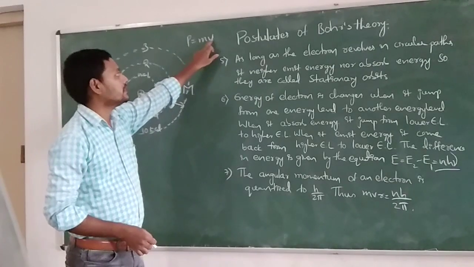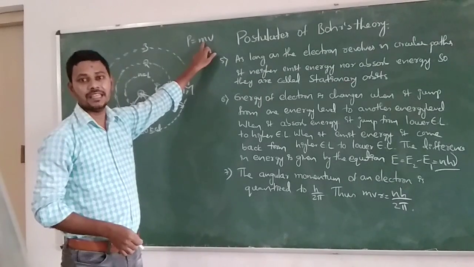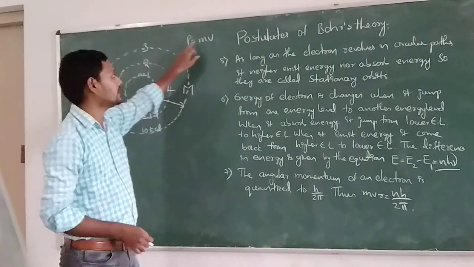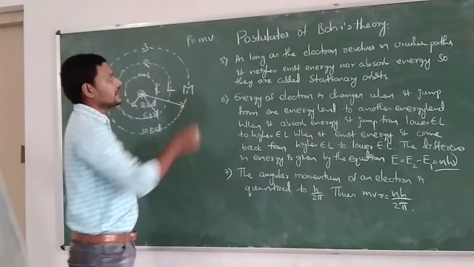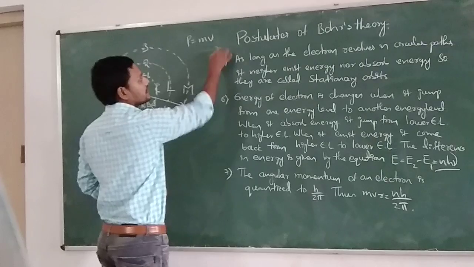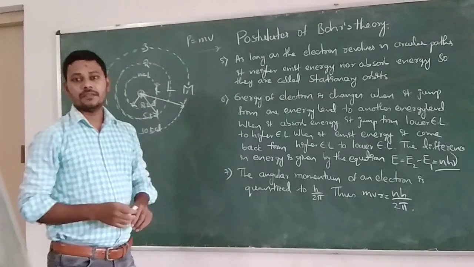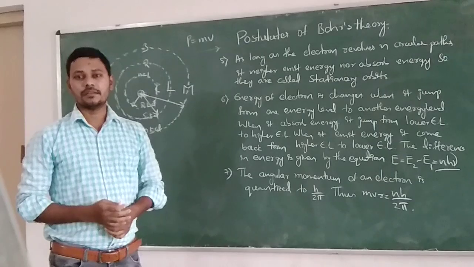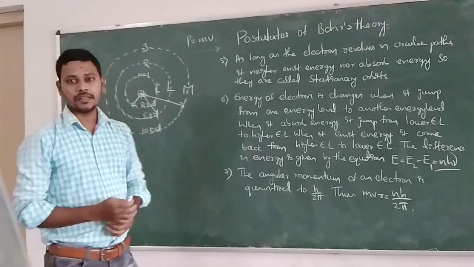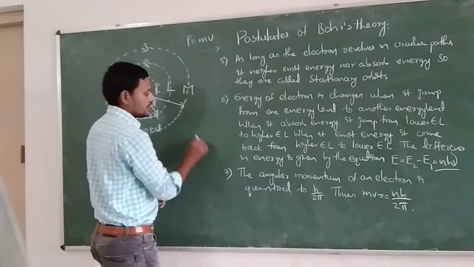So a body is in motion. When the body is in motion, we say that it is having momentum. If the body is moving in a straight line, that is called linear momentum. If the body is moving in a circular path, that is called angular momentum. Angular momentum is denoted with mvr.